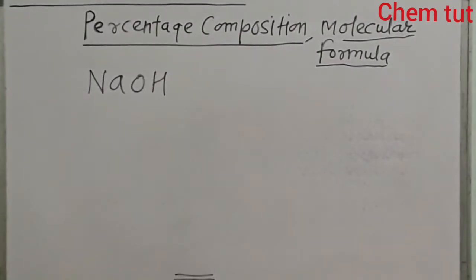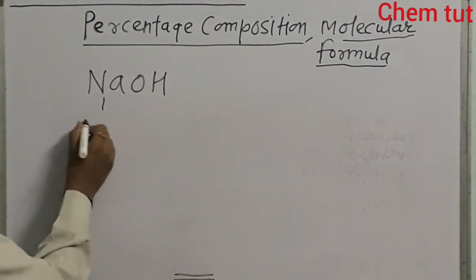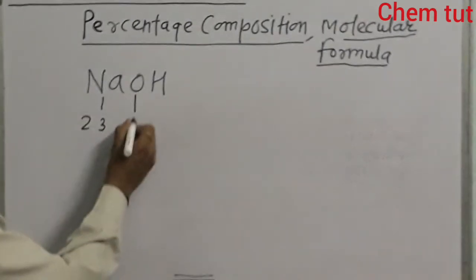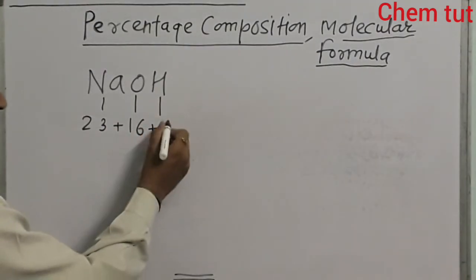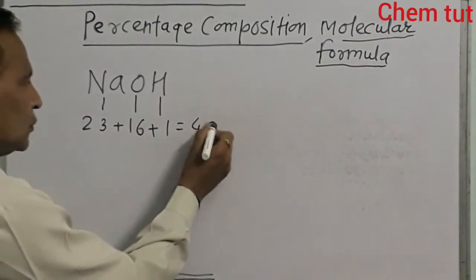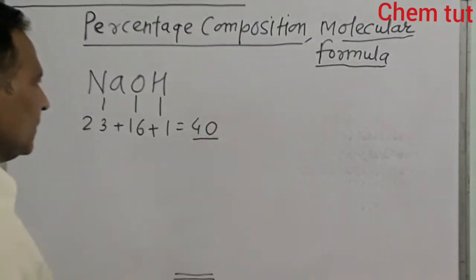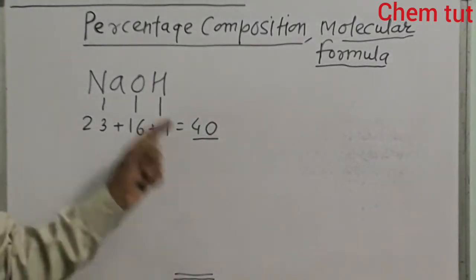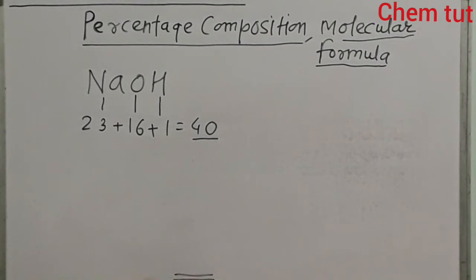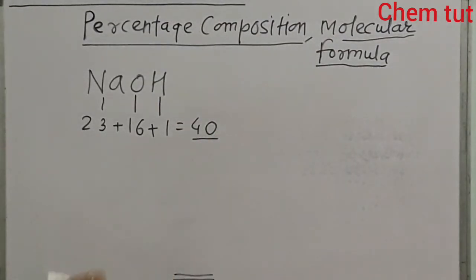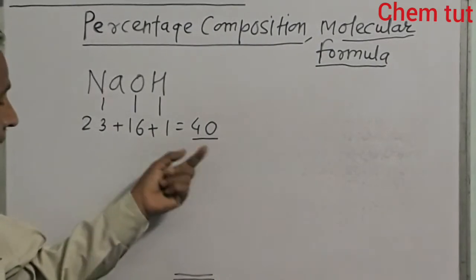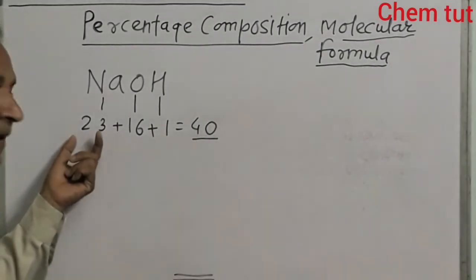If we calculate this, atomic mass of sodium 23 plus atomic mass of oxygen 16 plus atomic mass of hydrogen 1 equals 40. So this is the molecular mass of sodium hydroxide. Now out of 40, similar to our previous example, the contribution of sodium is 23.